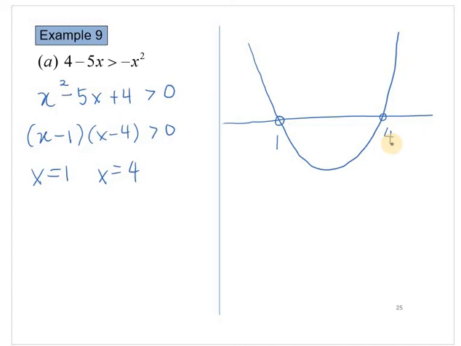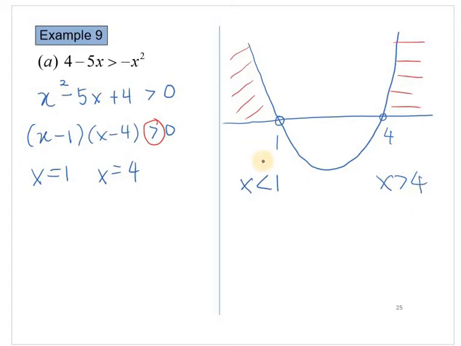And then we choose the graph above or below the x-axis. Since we have greater than 0, that means we need to consider above the x-axis. Then our answer is x less than 1 and x greater than 4.